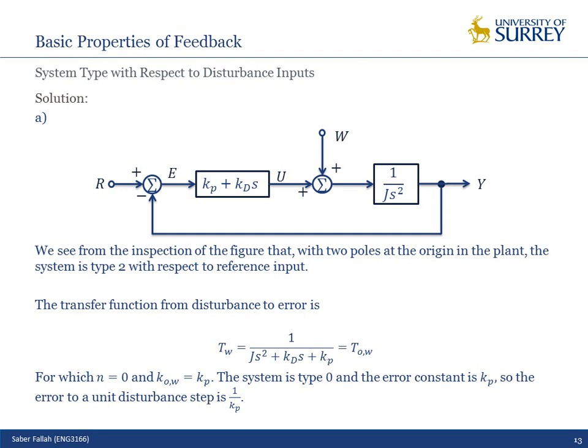System type 0 means for the step input, I have a non-zero steady state error, but for the higher order disturbance inputs, the steady state error will be infinite. So the system is robust only with respect to step input. If I have a higher order input, the system is no longer stable or well performing. So PD is not good for me here because I'm looking for zero steady state error with respect to disturbance input.